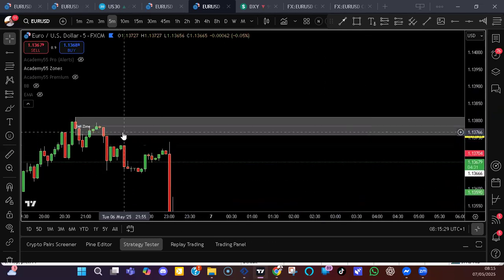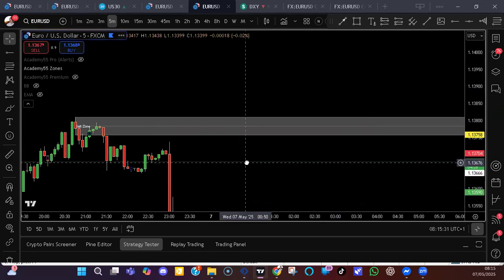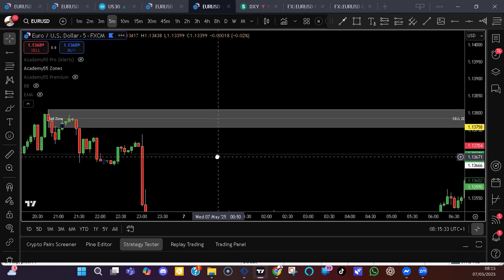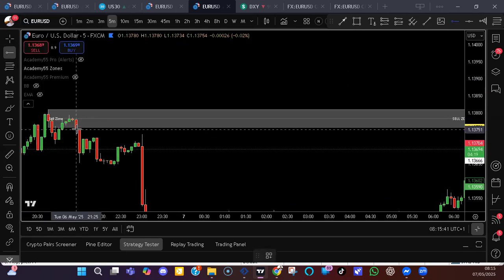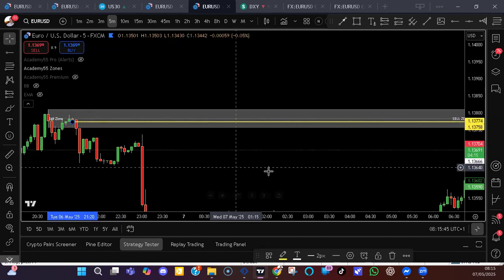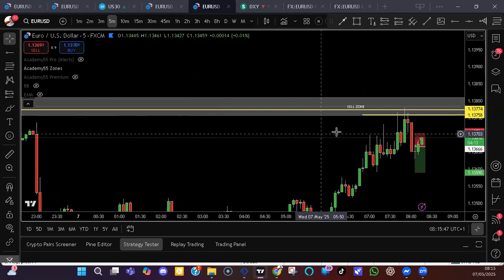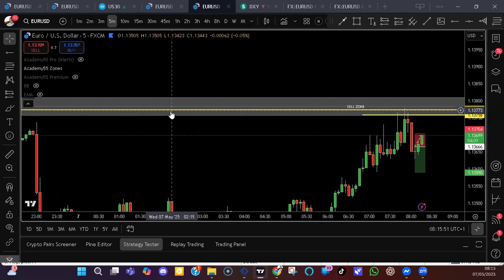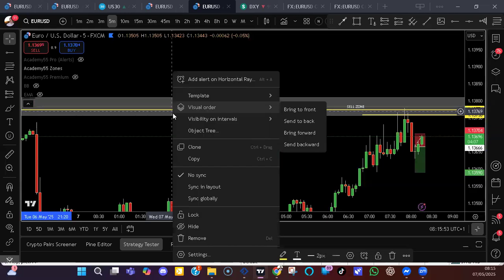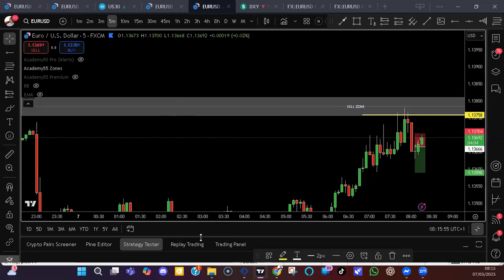There's a little bit of imbalance there. Has it done that? Let's have a look. Horizontal ray. This is the top of that imbalance. Ah, yeah, look, it's just wicked it out, but remove that.